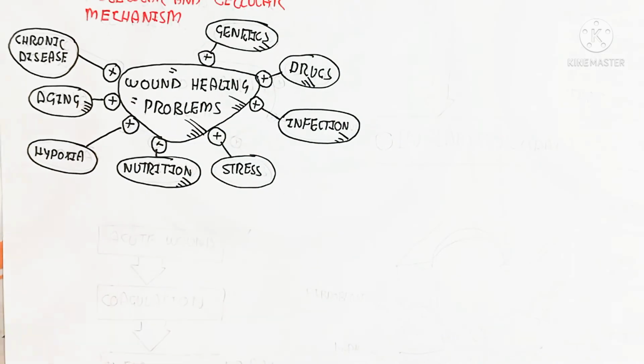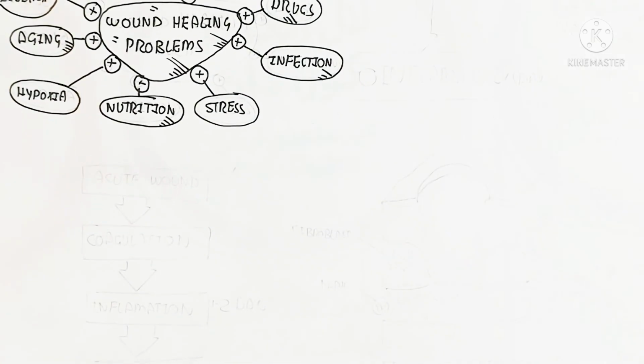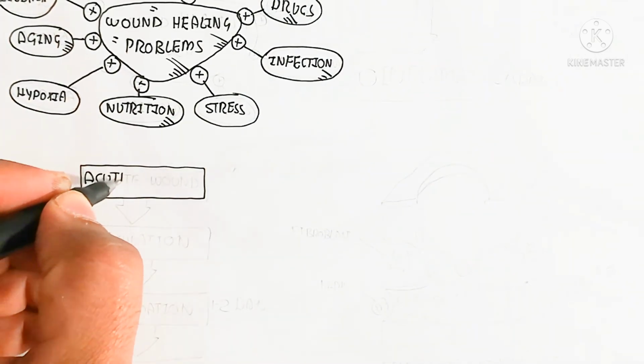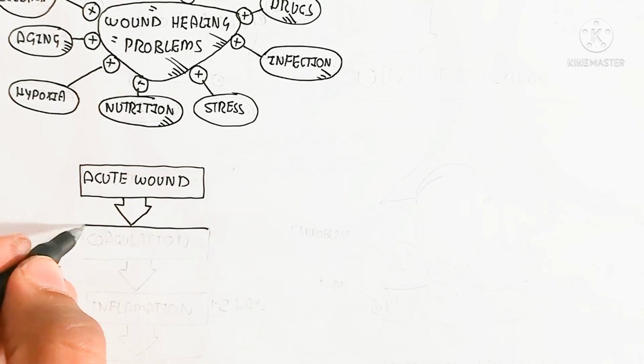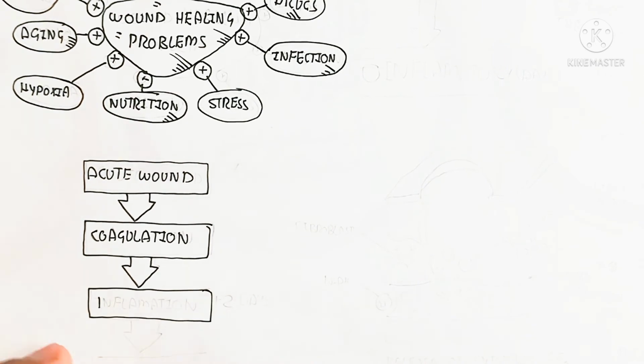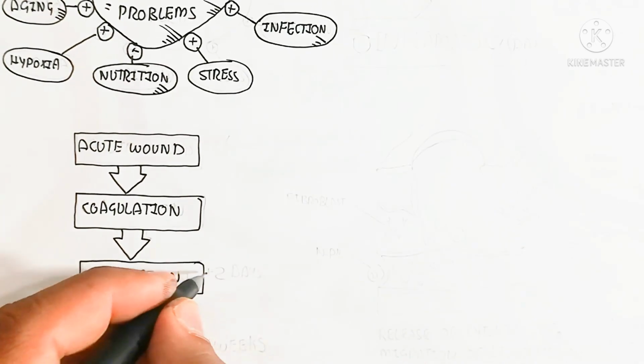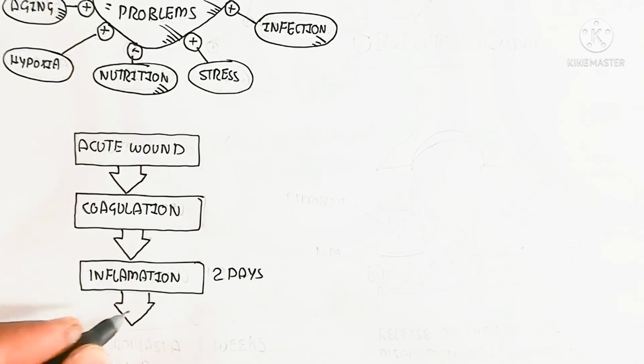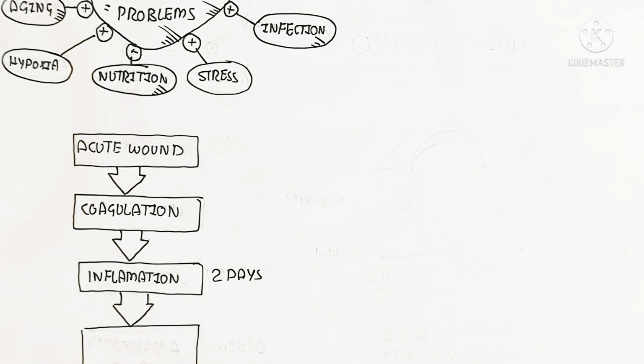Basically, chronic disease can be diabetes, and aging means less mitosis; hypoxia means less oxygen; and nutrition also matters. And here are the steps of the regeneration, the cutaneous wound healing.